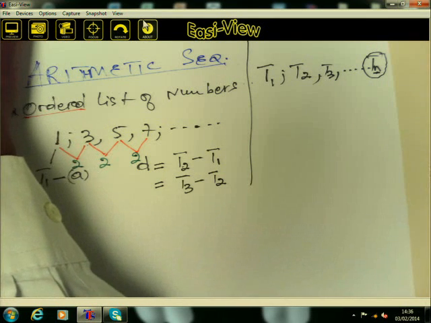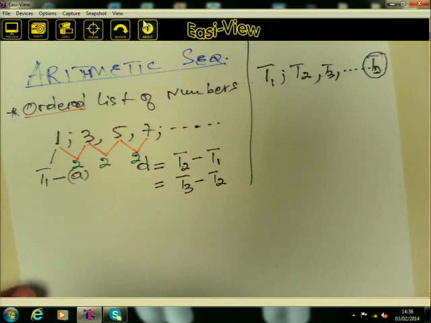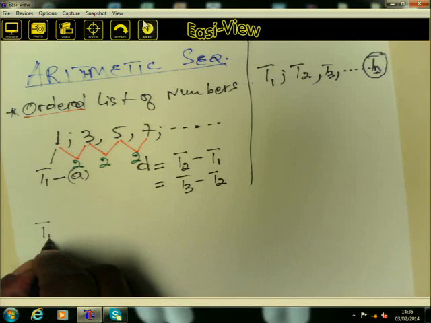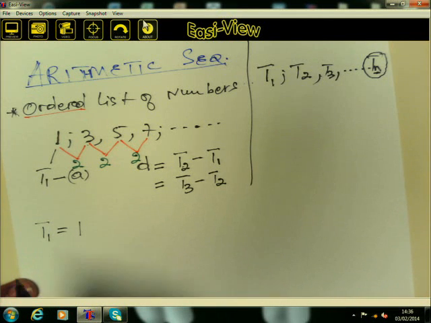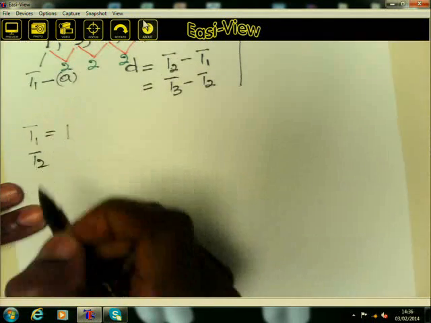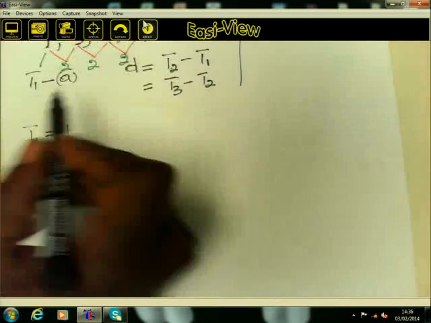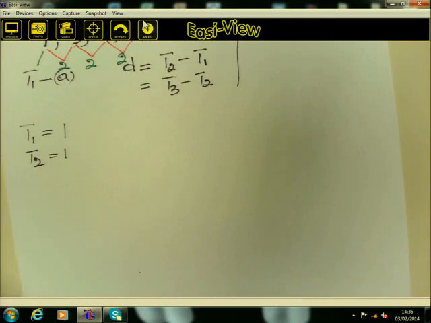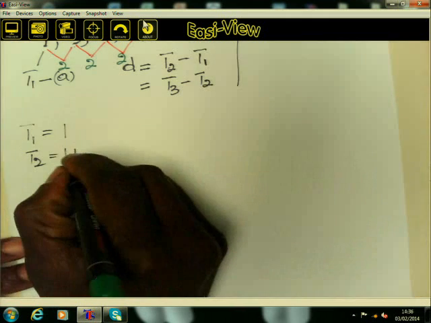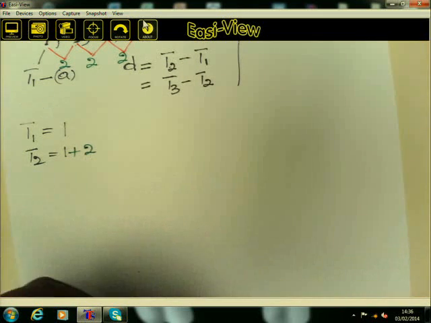What we can also do is, we know that our term number 1 is nothing else but 1. So to get term number 2, what has happened to that one? We have just talked about the difference. To that 1 we add the difference.